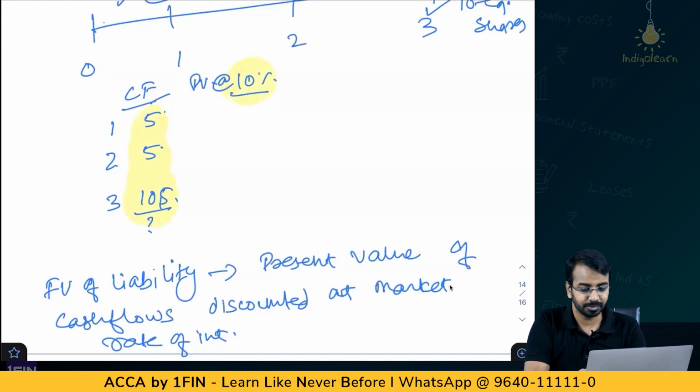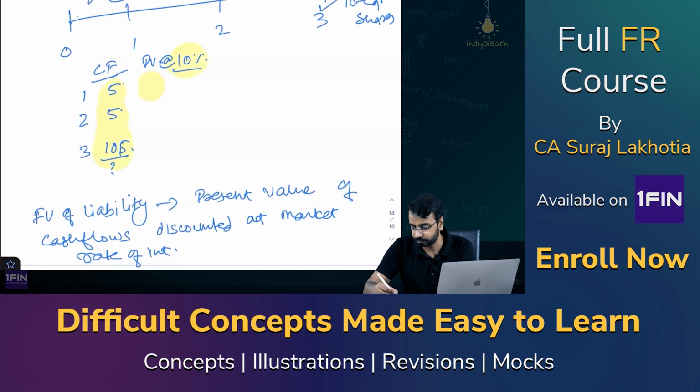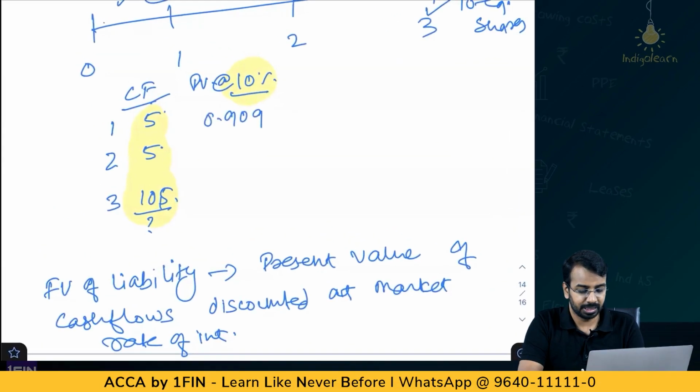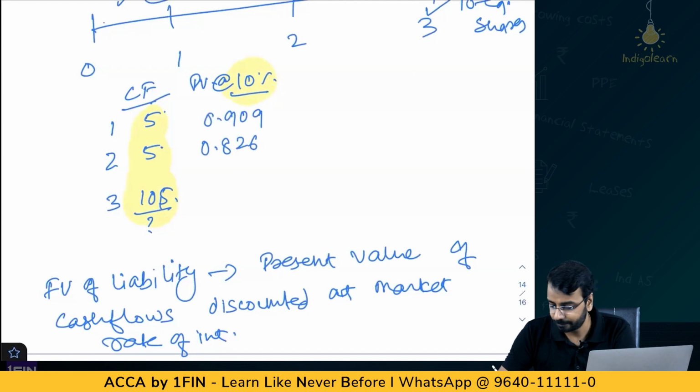So 1 divided by 1.1, you get 0.909. 0.909 divided by 1.1, you get 0.826. Divided by 1.1, we get 0.751.